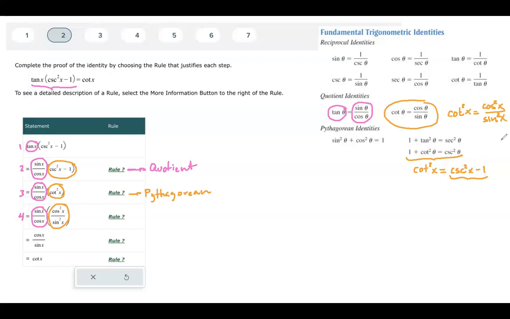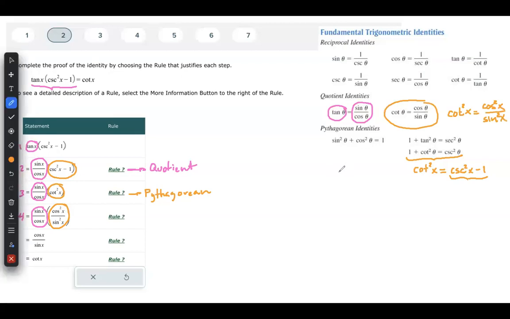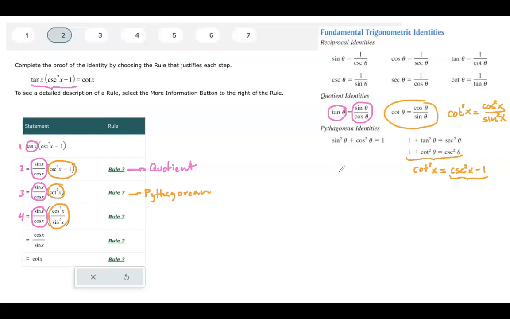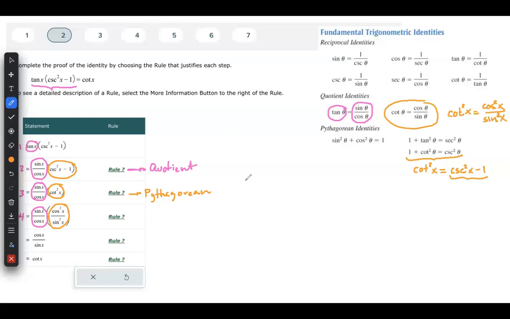So that means that they used the quotient identity, but the squared version, or the original identity, but they just wrote cotangent of x squared. That is equivalent to writing cotangent squared of x.